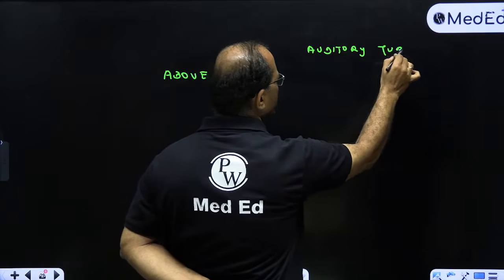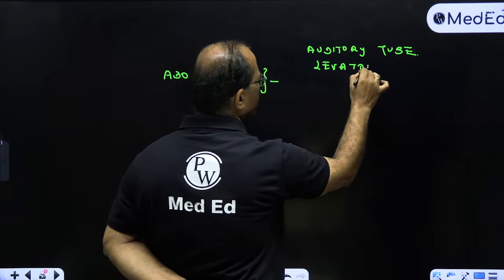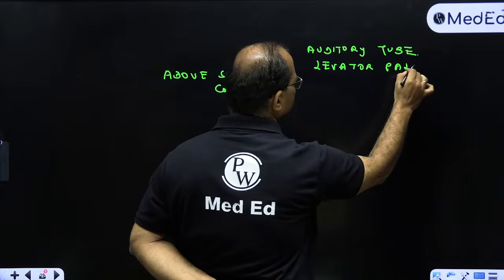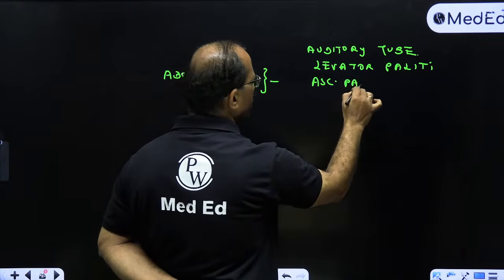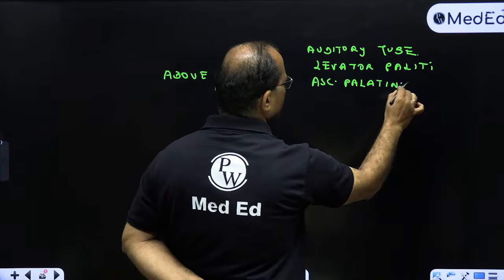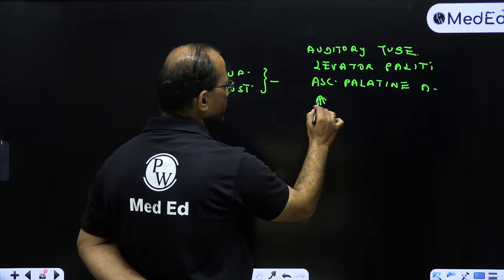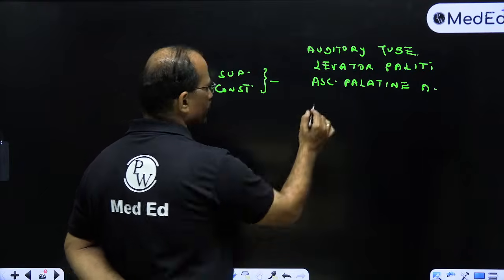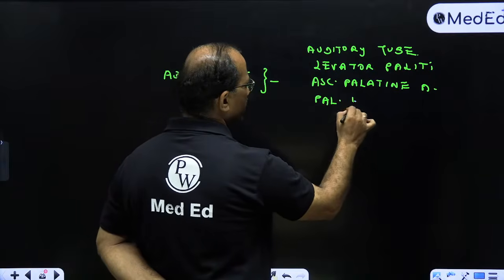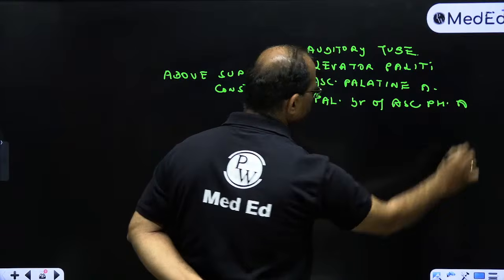Auditory tube. Levator palatii muscle. Ascending palatine artery and palatine branches of ascending pharyngeal artery.